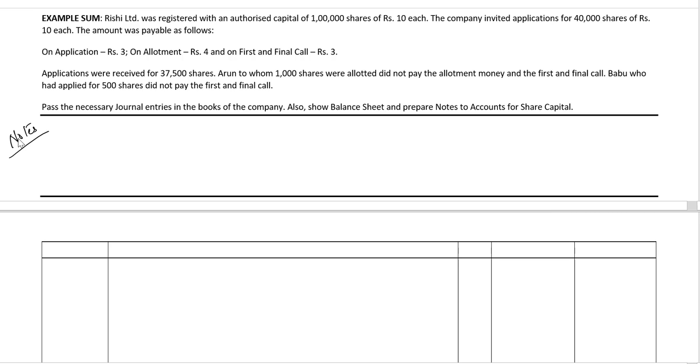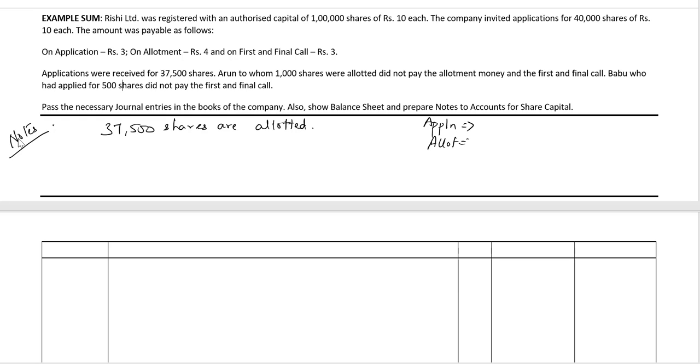So we'll make a few notes. 37,500 shares are allotted. So we know that this is an undersubscription sum. We'll break down the installments. We have application, allotment, and the final call.